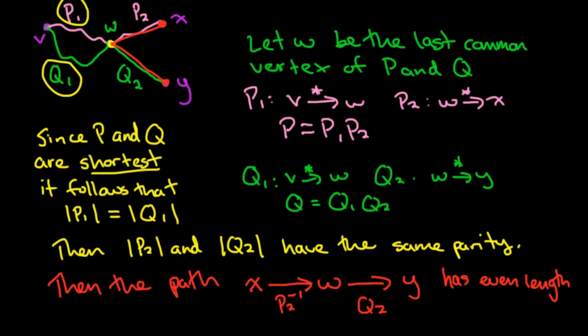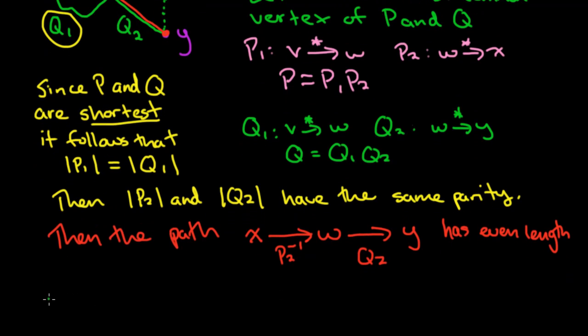Now, what's the big point that we're trying to make? We are trying to say that since x and y belong to the same partite set, X in this case, we want to show that this edge xy is impossible to have. And we're almost there.